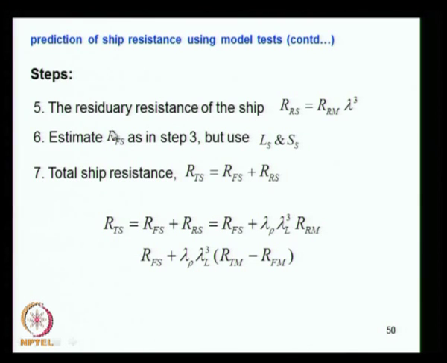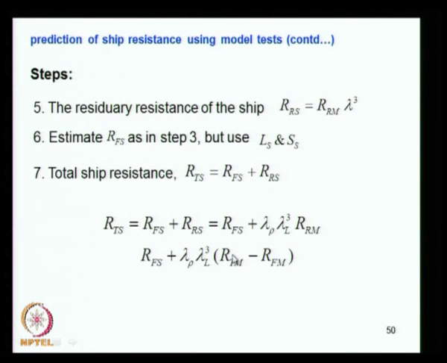Then subsequently you use the ship's Reynolds number and find from the ITTC formula the CF value for the ship and multiply it by the ship parameters to get the frictional resistance of the ship. Now you just put it together to get the total resistance of the ship.